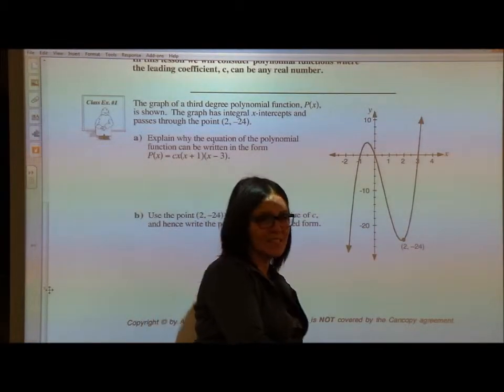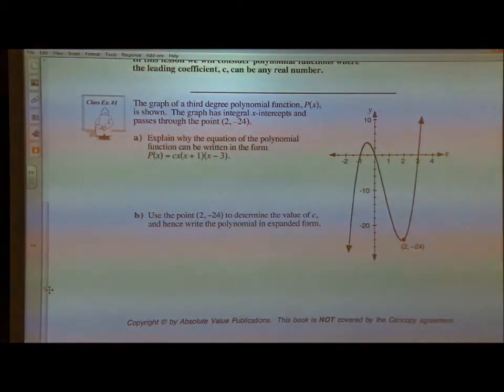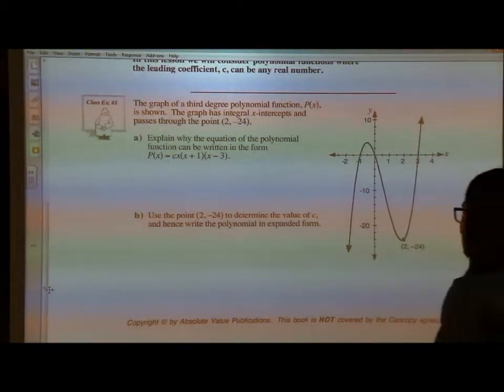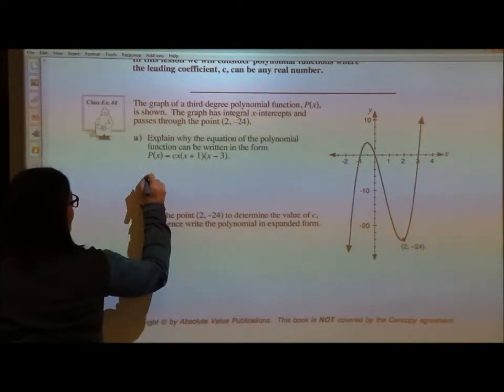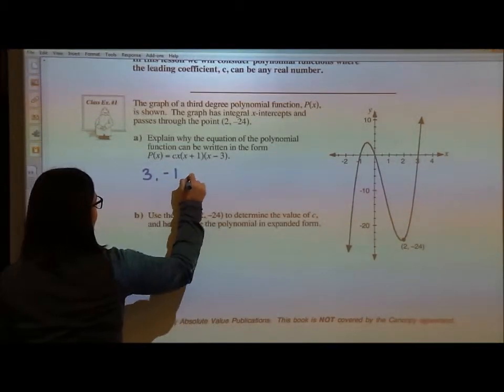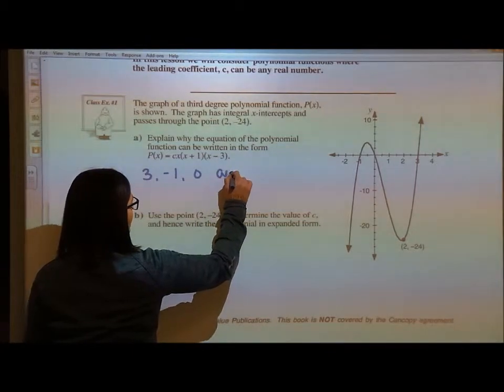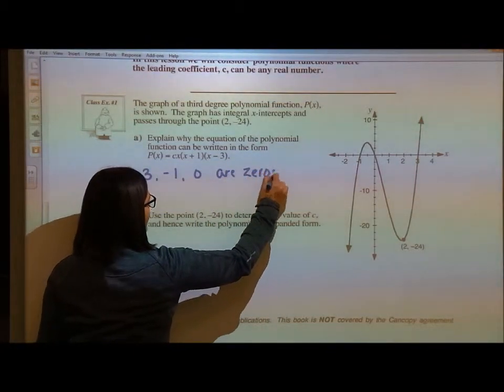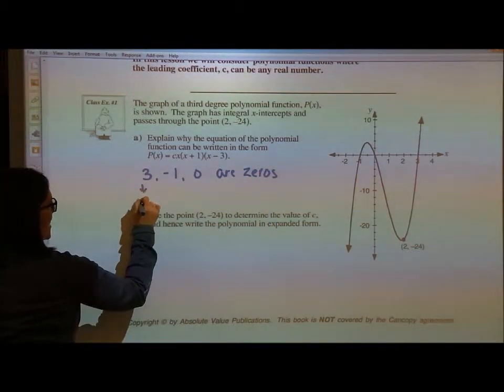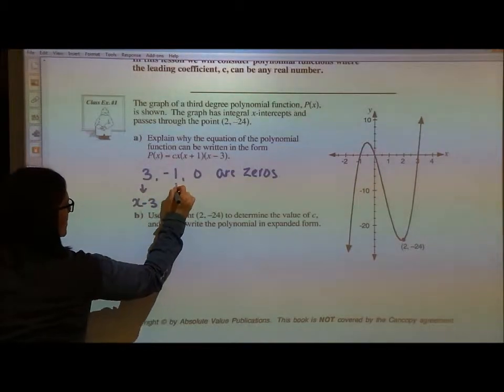So ignoring the c, where do the factors come from? The intercepts. And what are my intercepts? 3, negative 1, and 0. So they're the zeros, they're the x-intercepts, which then leads me to my factors.